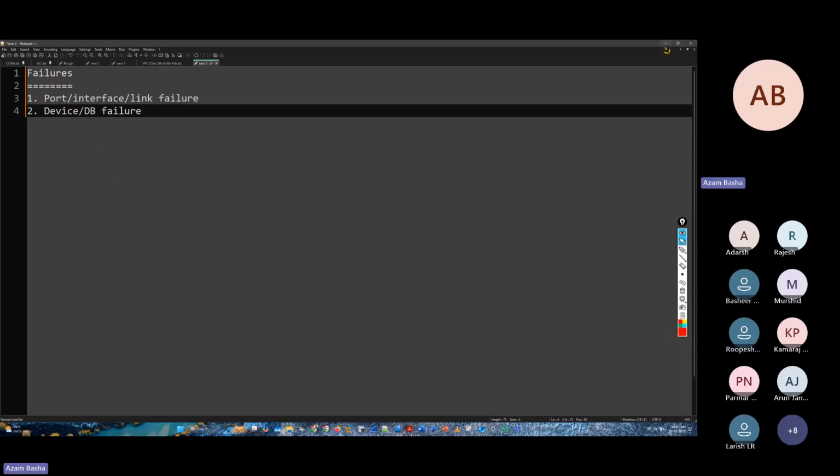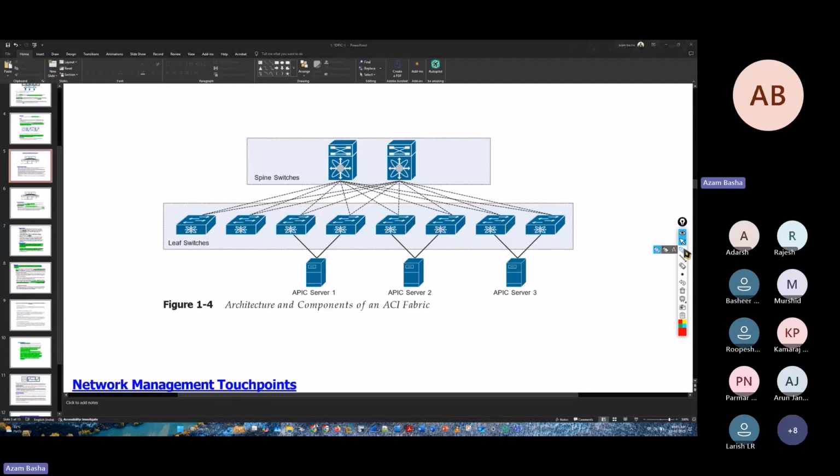Basically, there are only two types of failures: interface failure and device failure. No matter how much you categorize, at the end of the day you would only see either a single point failure or an entire device failure. For a single point failure, you connect one Epic to multiple leaves.